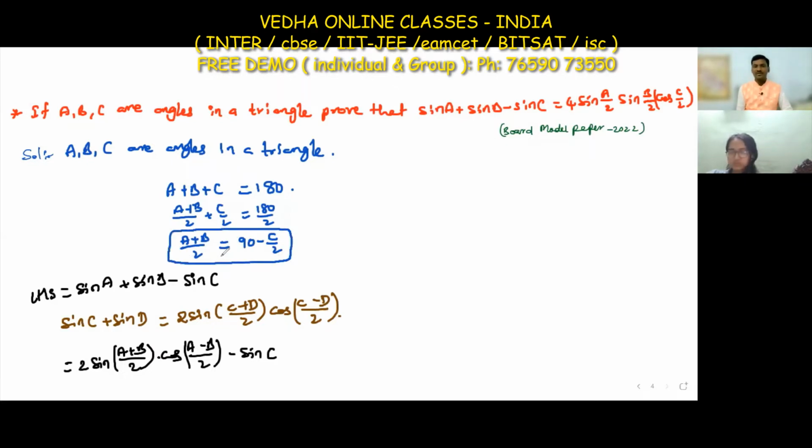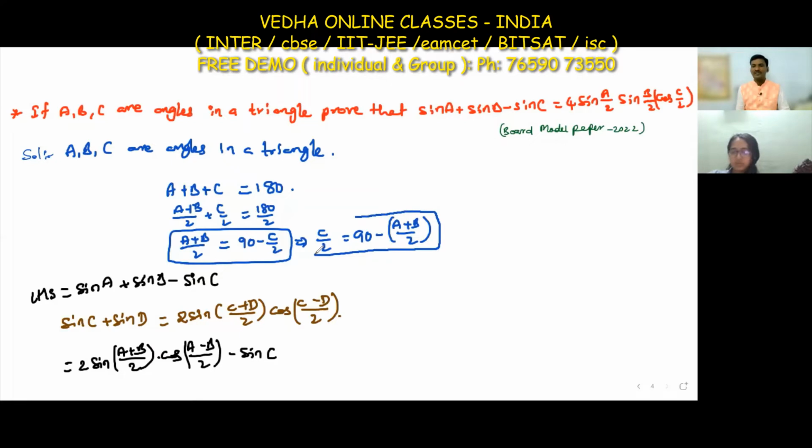We are going to use this, and in terms of C also we will use it afterwards. I am writing the C by 2 value also. C by 2 is equal to 90 minus of A plus B by 2.